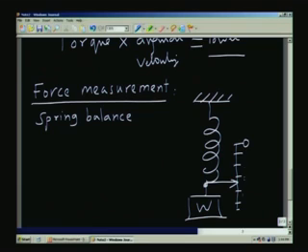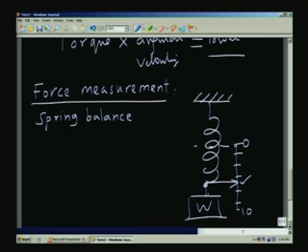This is 0 and maybe this corresponds to 10. So, this is the weight. In a spring balance, when there is no weight here, it will be in this position, the unextended position. I have of course exaggerated the extension, it is extending quite a bit here.